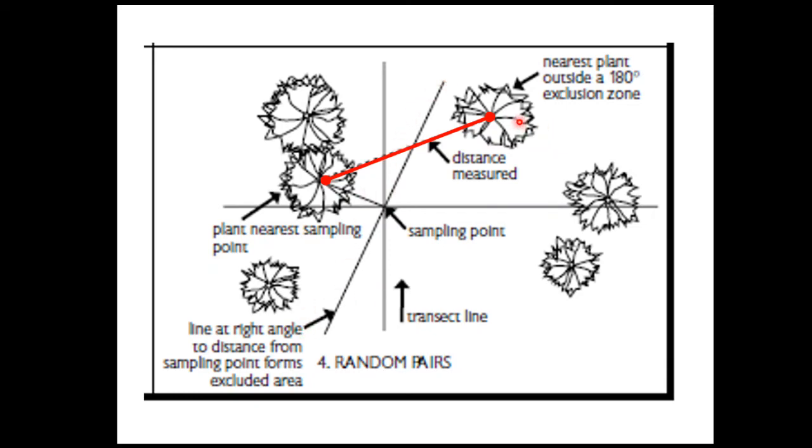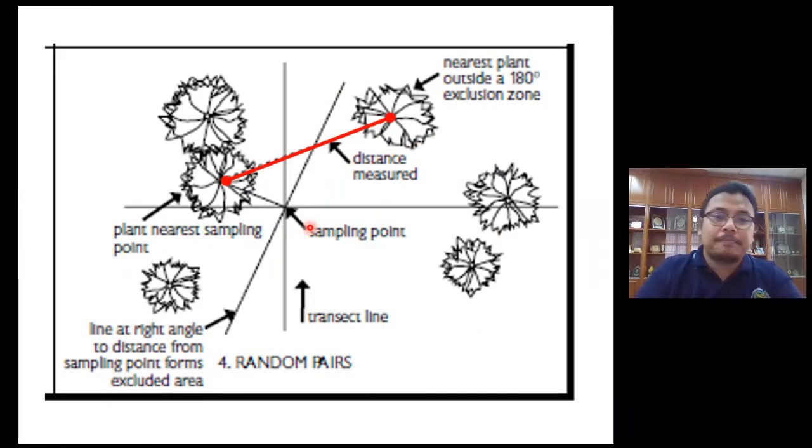So this is the nearest plant of the second line, plant number 2. You get the distance between this individual and this individual, so this distance is measured. This is the nearest plant outside the 180 degrees exclusion zone. Then you go along the transect line and always do the same. They try to find random pairs from the sampling point to avoid bias.